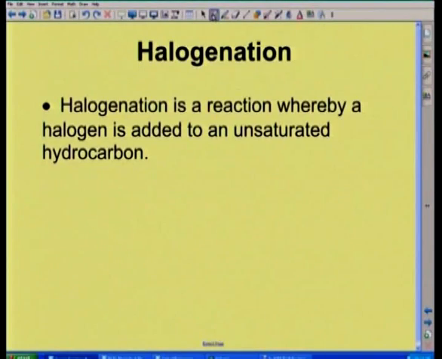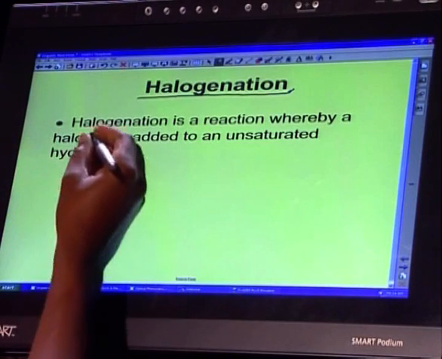Right. Let's look at halogenation. Now, halogenation, just like hydrogenation, we spoke of hydrogenation earlier on. It is the addition of hydrogen. Now, what would you then make of halogenation? It will be an addition of a halogen: chlorine, iodine, bromine, etc. Now, let's look at it.